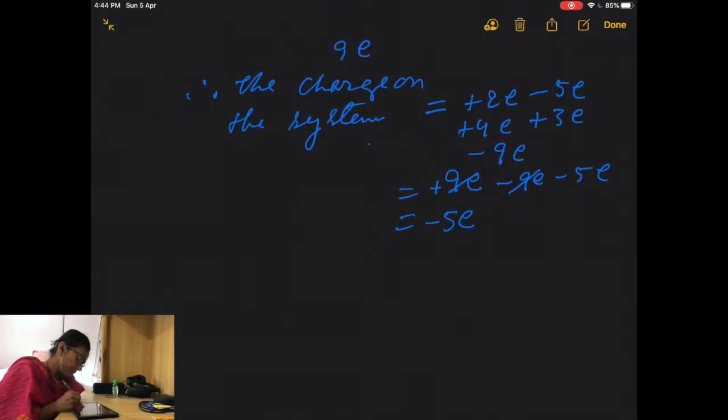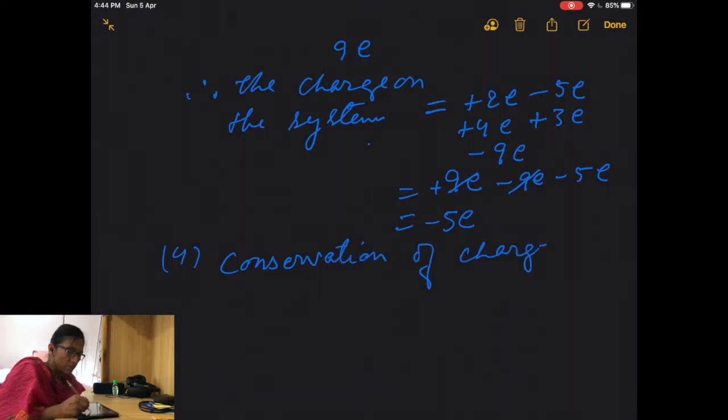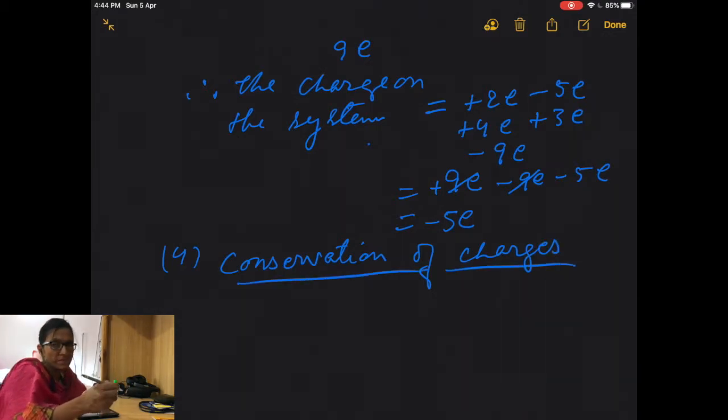Now the next property is conservation of charges. Conservation means charge cannot be created, charge cannot be destroyed.